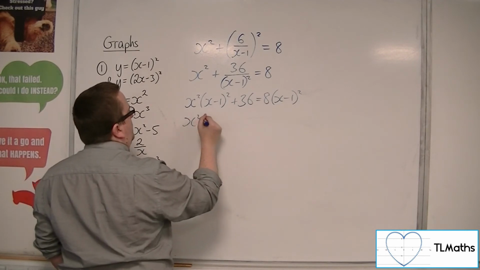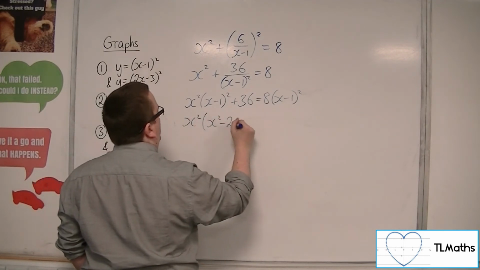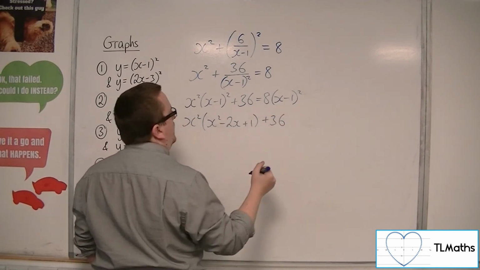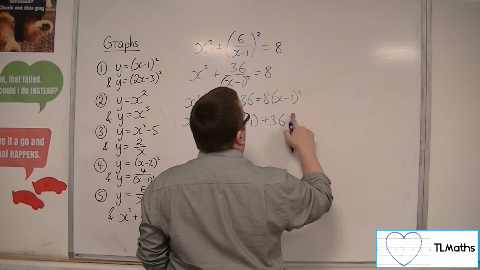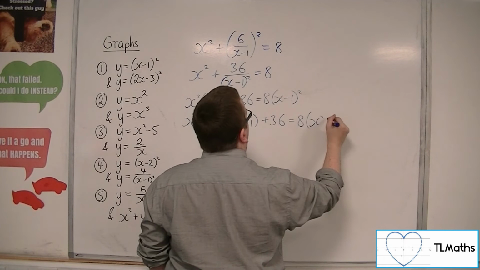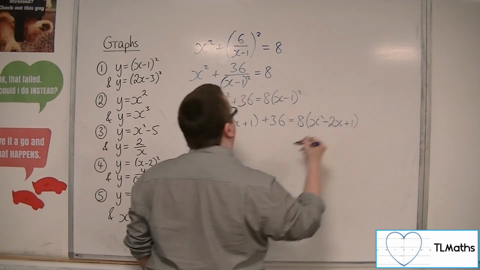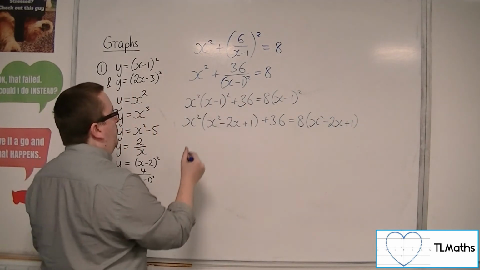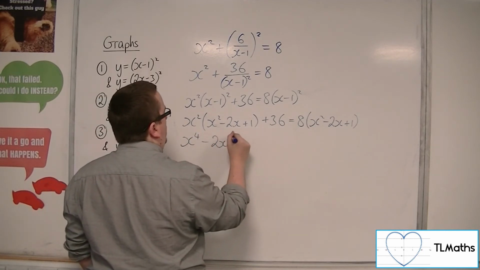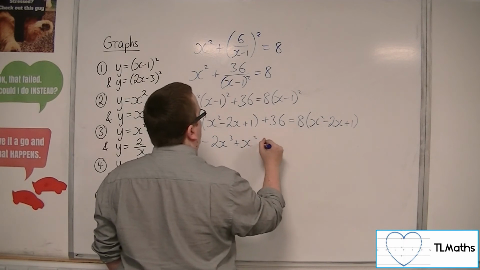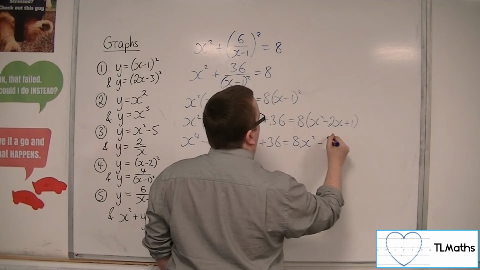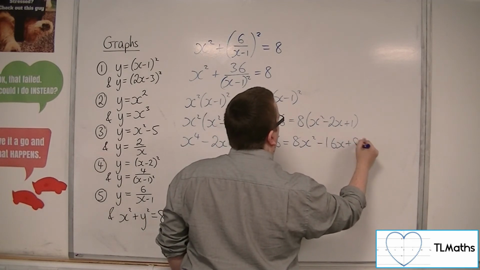So x squared times x squared minus 2x plus 1, so that's that bracket there, plus the 36, equals 8 lots of x squared minus 2x plus 1. So multiplying through, we've got x to the 4 minus 2x cubed plus x squared plus 36 is equal to 8x squared minus 16x plus 8.